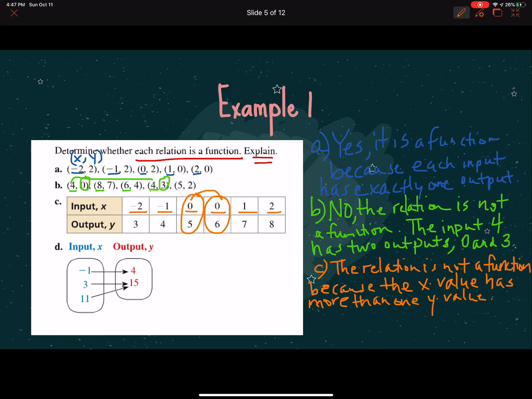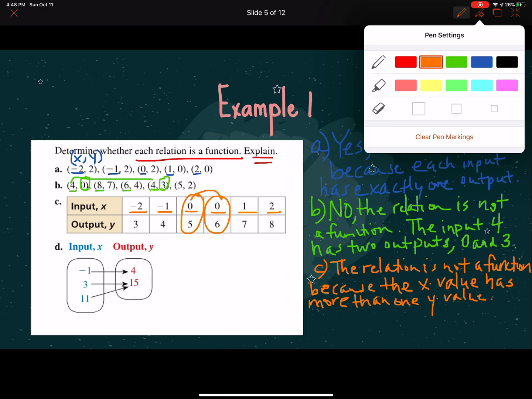So that's another way you could explain or justify why the relation is not a function. And basically that one goes back to just the definition, you could say.